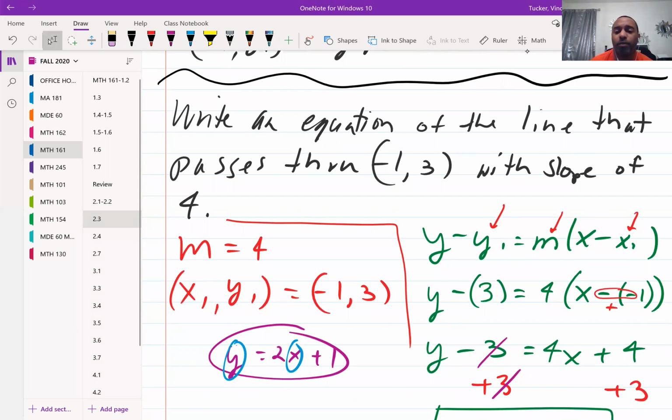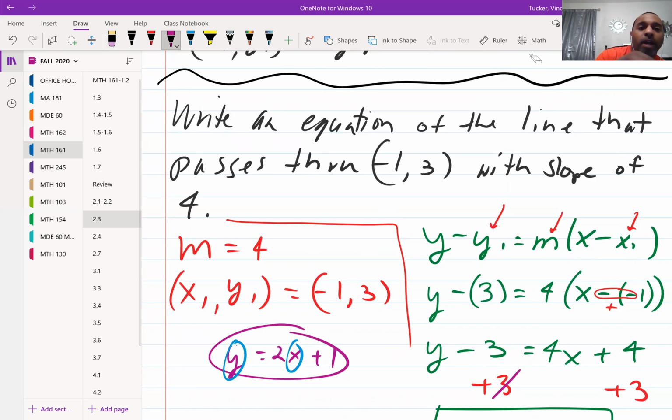So 3 goes in for y1, 4 goes in for m, and then -1 goes in for x1. Once again, don't lose a negative in your substitution. That'll leave us with y minus 3 equal to 4 times (x plus 1), which is 4x plus 4.